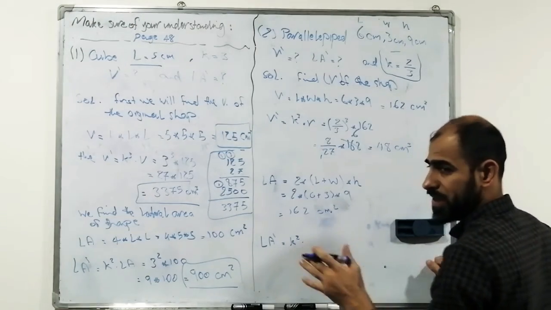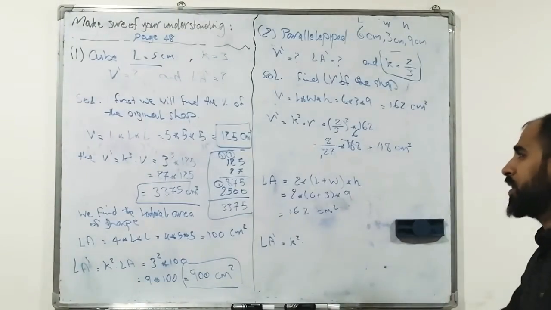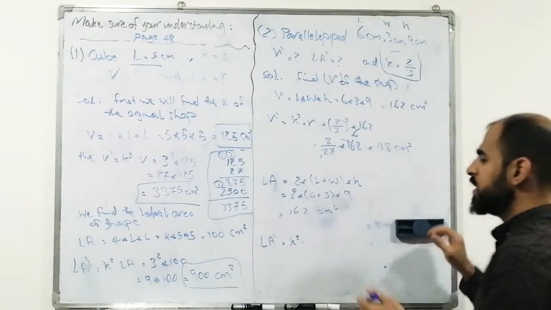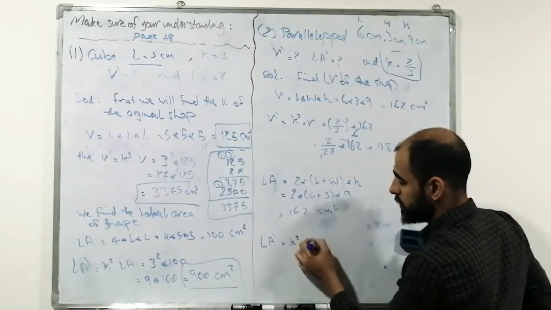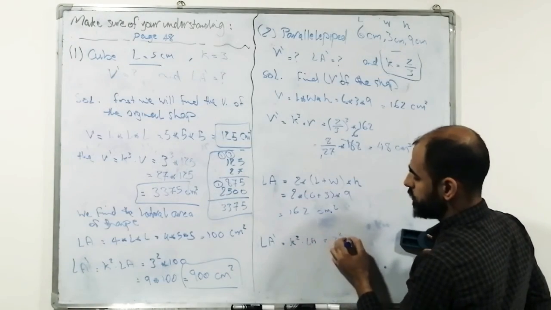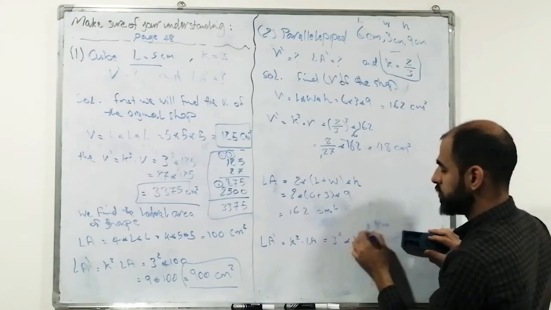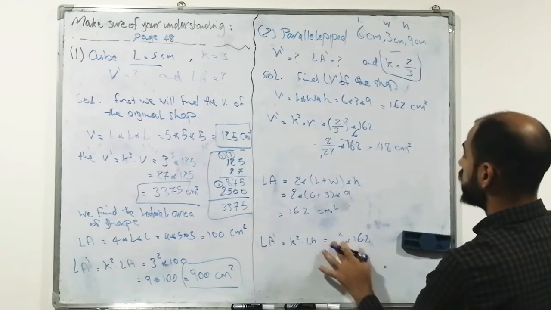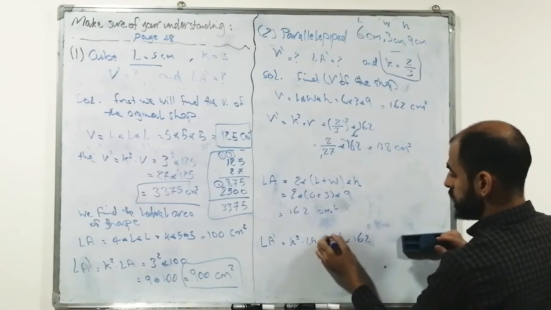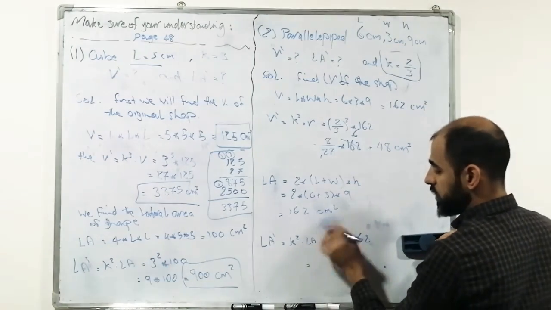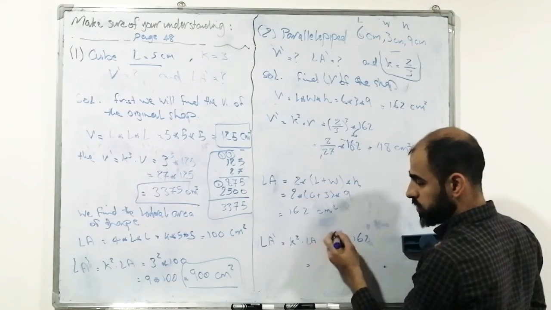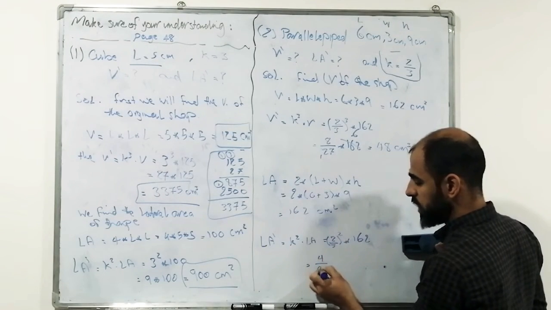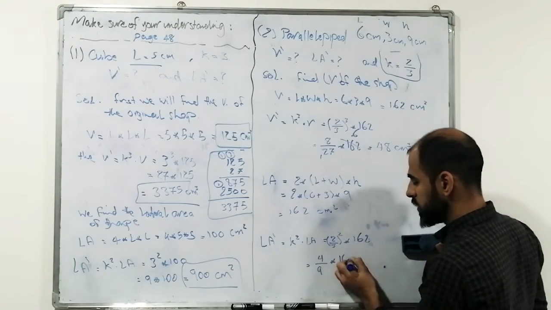The area after the dilation, whether lateral or total, is the dilation coefficient k squared times the original area. So 2 over 3 to the power 2 multiplied by 162. In the same way, distribute the power over the numerator and the denominator. 2 to the power 2 is 4, 3 to the power 2 is 9, multiplied by 162.